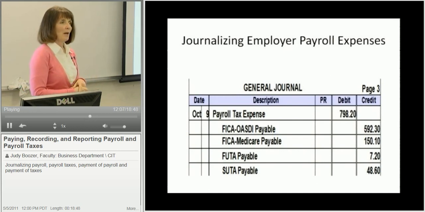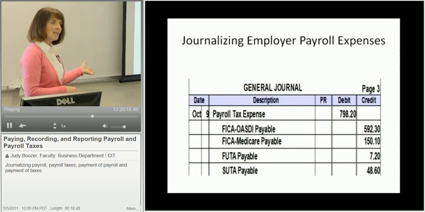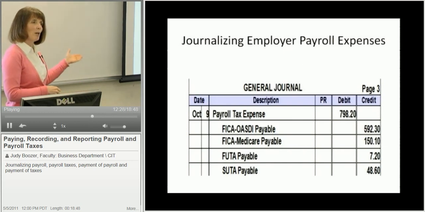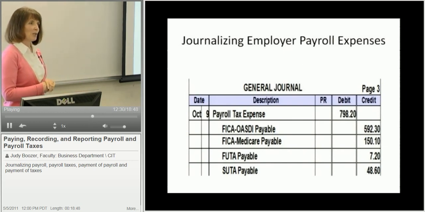FUTA payable, and what was that again? Federal unemployment tax. That is paid only by the employer. And SUTA payable is the state unemployment tax. So to record the tax liabilities for employers, this is the journal entry needed.